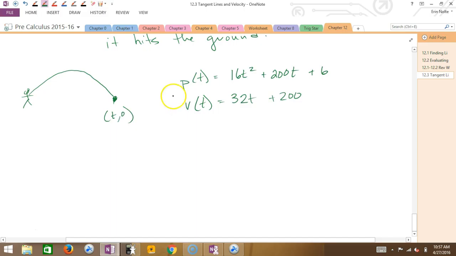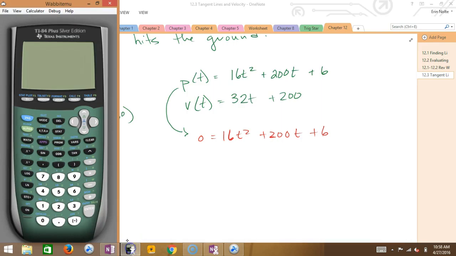Okay, so what we can do, I'm going to come down here, I'm going to set my position function equal to 0, 16 t squared plus 200 t plus 6, and I can solve this. Okay, so we could try and factor this, but I think we should use a calculator and draw it, and just find where we cross the x-axis, right?